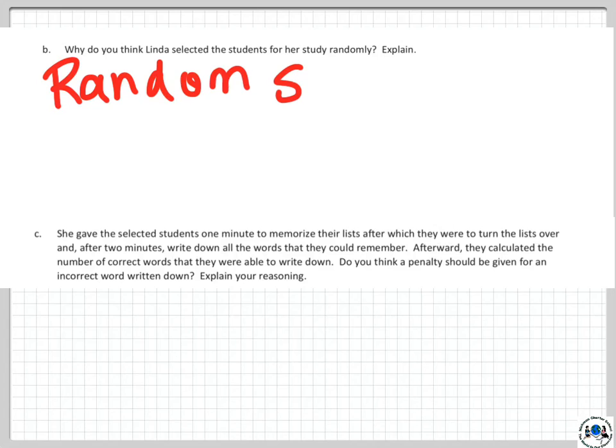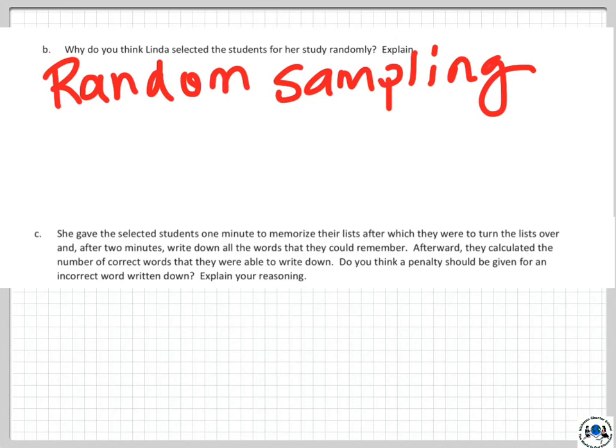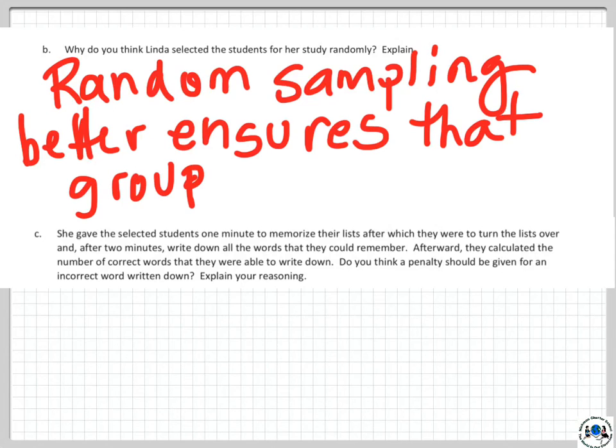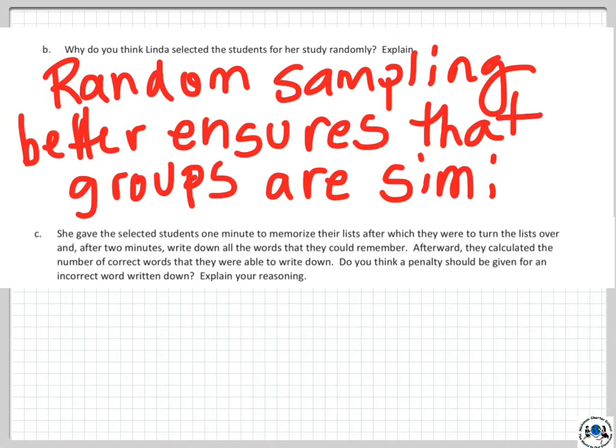Random sampling better ensures, I'm going to say better because it never ensures anything, better ensures that groups are similar. It's not a guarantee. Okay, there is no guarantee, but it's just a better insurance. All right.